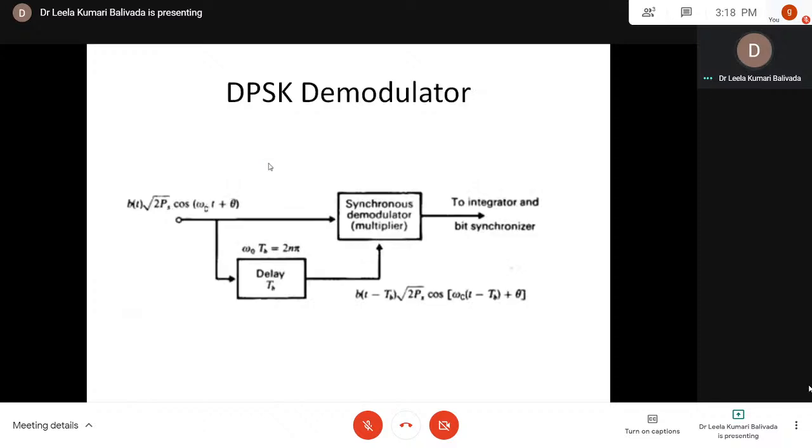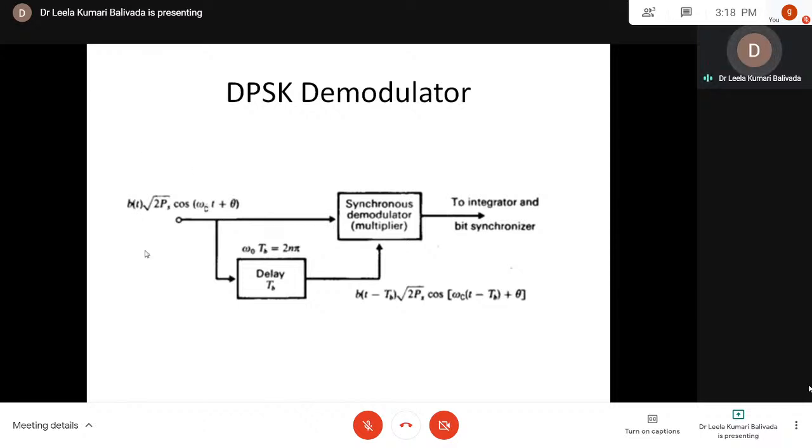Now let us see the DPSK demodulator. The DPSK demodulator comprises a multiplier and a delay element. Here the receiver input may be B of t root 2 Ps cos(omega ct plus theta) to represent B of t as 1, or minus root 2 Ps cos(omega ct plus theta) to represent B of t as 0.